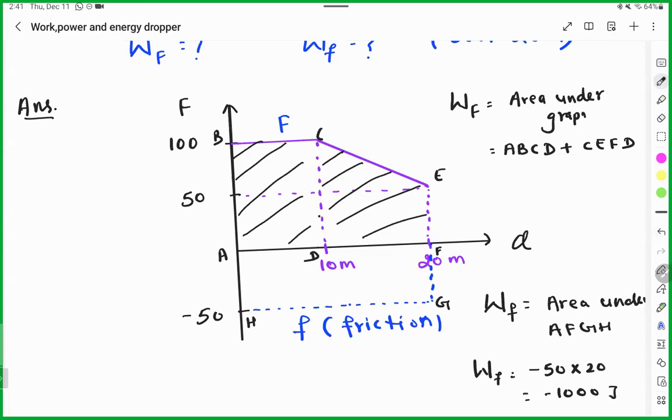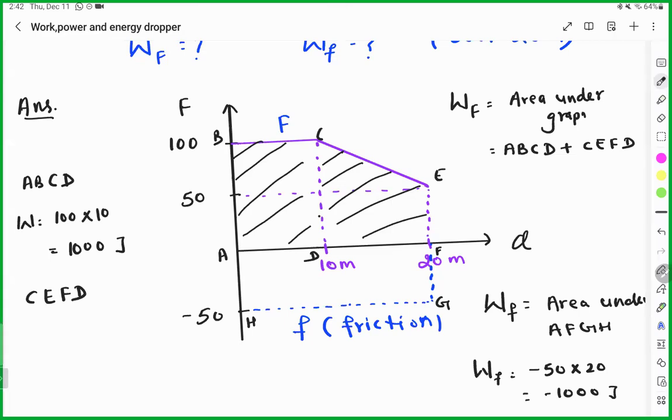Here, if you take ABCD, what will be the work done? Easy, just length and width. Length is 10 meter, width is 100. So 100 multiplied by 10, 1000 joule. This is for ABCD. Area under CEFD, trapezium. Correct. This is a trapezium.